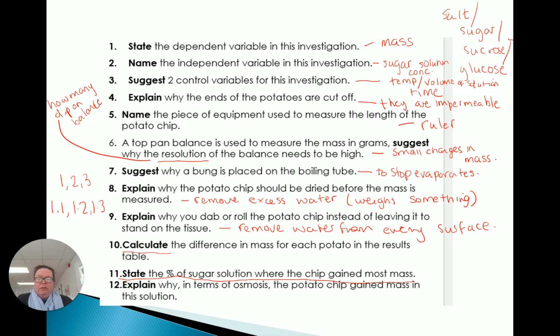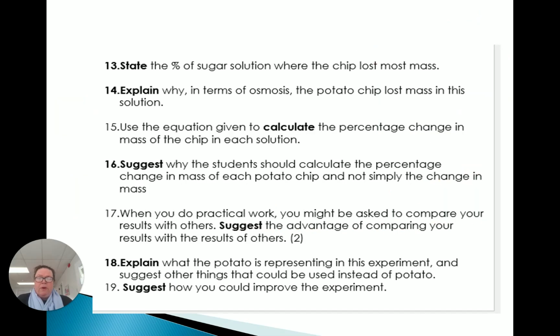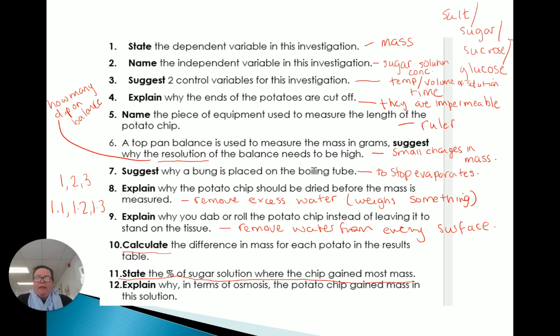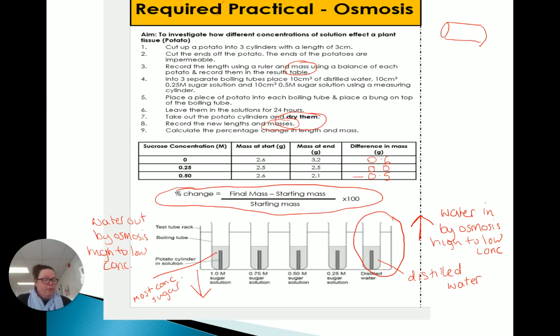Okay, so we've done 10, 11 and 12, 13 and 14. So use the equation given to calculate the percentage change in mass of the chip in each solution. Now, percentage change, there's an equation, and it's really important that you know this equation, because actually it comes up in maths, it comes up in physics, it comes up in chemistry, and it comes up in biology.